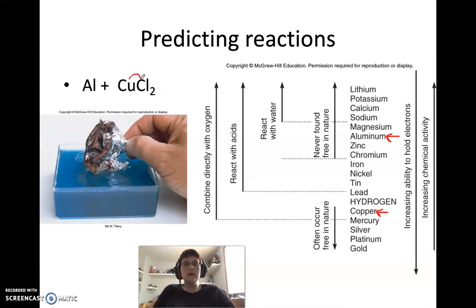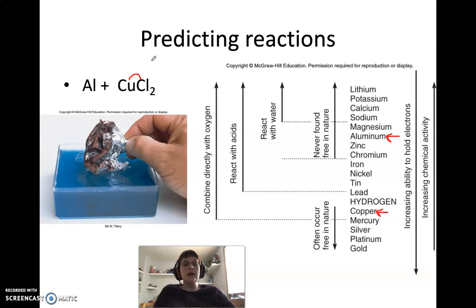So right now these guys are bound together. Copper's way down here, it's low on the list. Aluminum is by itself, and aluminum is way high on the list. So out of all of the metals, lithium, for example, is the most reactive. It has the highest chemical activity. But aluminum's pretty high up there.